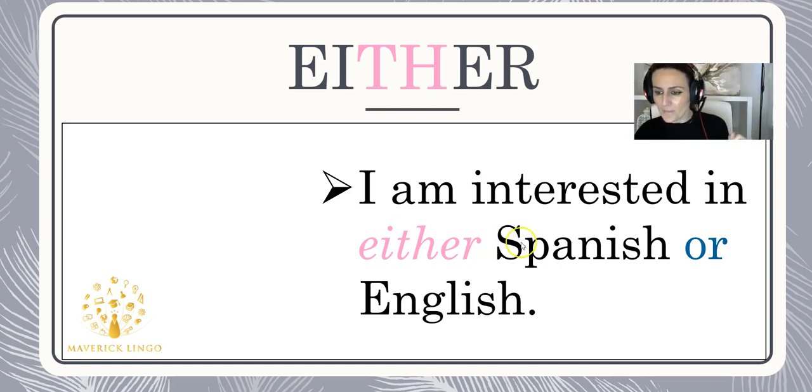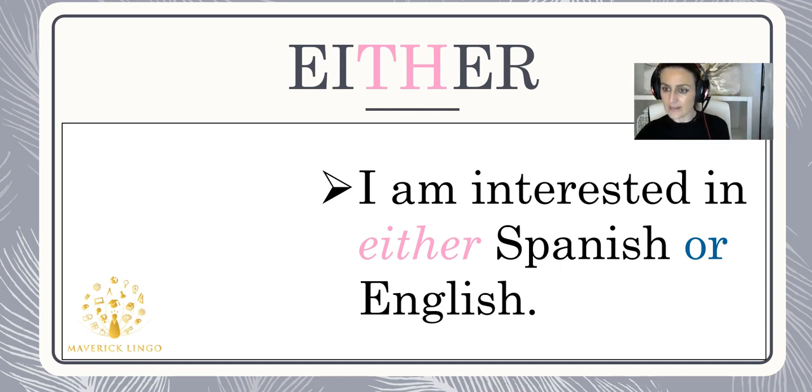Now look, notice how I colored the word or here a different color. That's to remind you guys that in many situations when you see the word either inside of a sentence, I promise you, you're also going to see the word or. Okay, listen, I'm giving you small little tricks to help you remember how to use this, how to better control it.